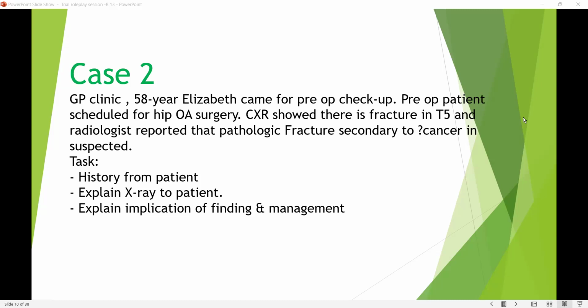Okay, I'm sorry to hear that. Is it sudden or gradual? It's a gradual onset. Okay. Is it continuous or intermittent pain? Coming and going. Do you take any medications for that? Just Panadol, doctor.